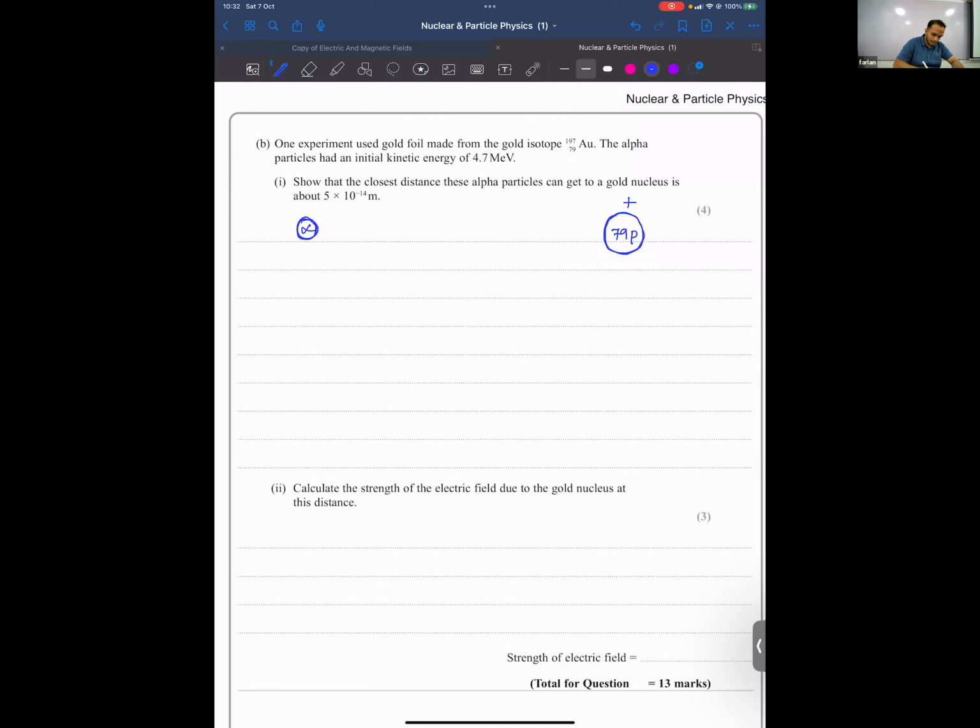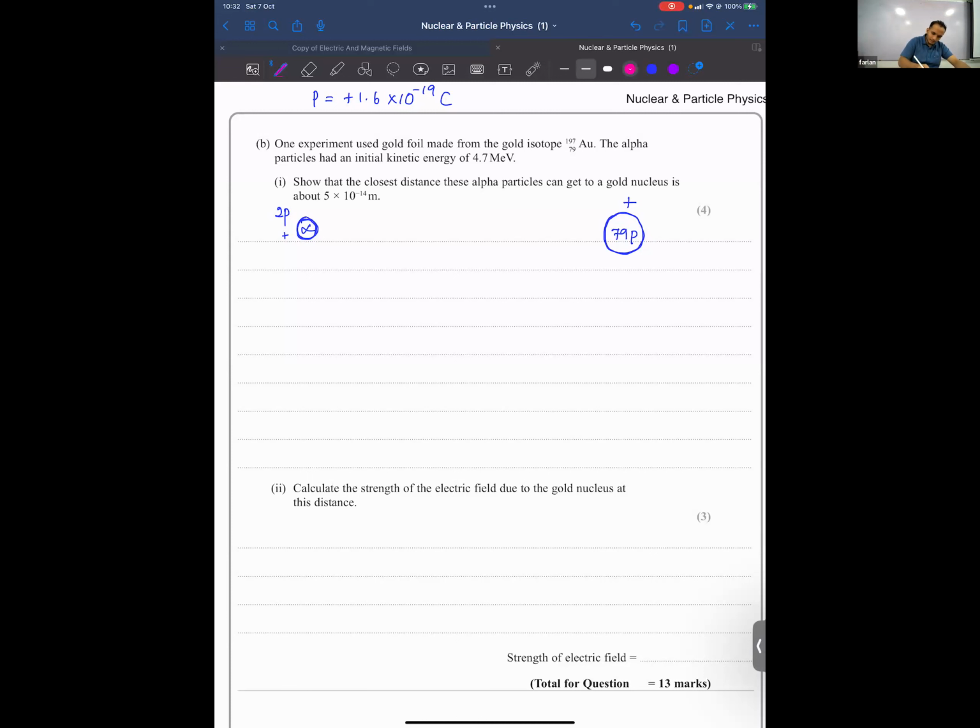Alpha particle, you know that it has 2 protons. And you know that the charge of a proton is plus 1.6 × 10⁻¹⁹ coulombs, the same as the charge of an electron. Electrons are negative, protons are positive. So the alpha particle consists of 2 protons, so it is positively charged. And this gold nucleus has 79 protons, which is also positively charged. Correct?